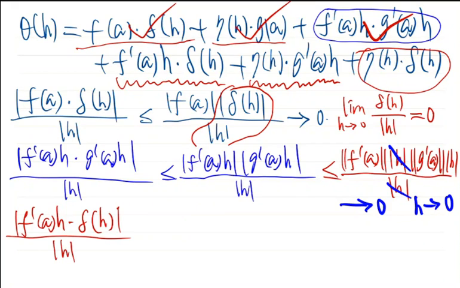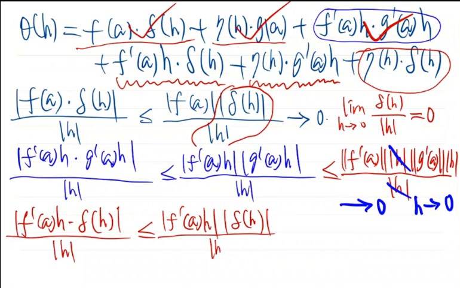Again, applying the Cauchy-Schwarz, this will be the norm of f prime a h times delta h under the norm of h.